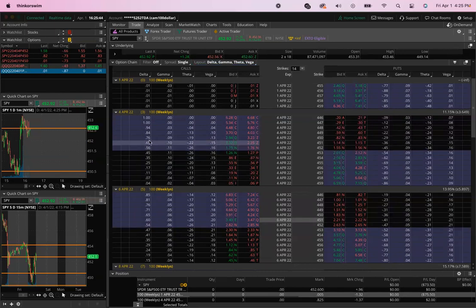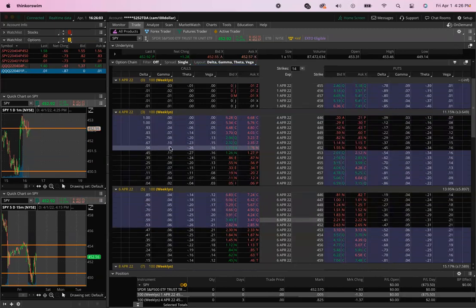So this means that if SPY moves from 452.50 to 453.50, then this contract is going to go up $56 in value, right?